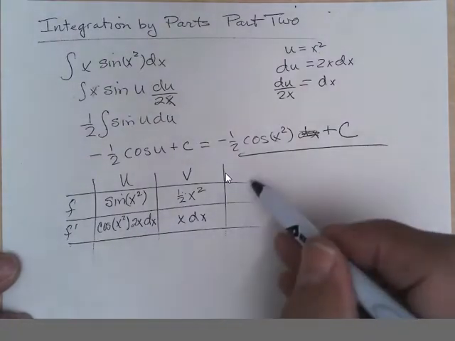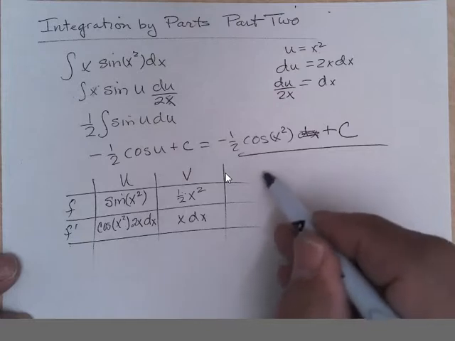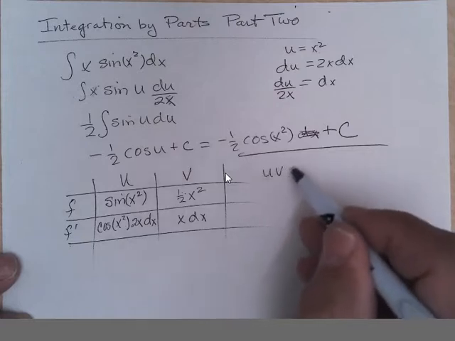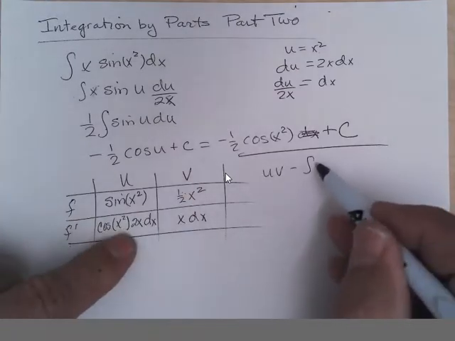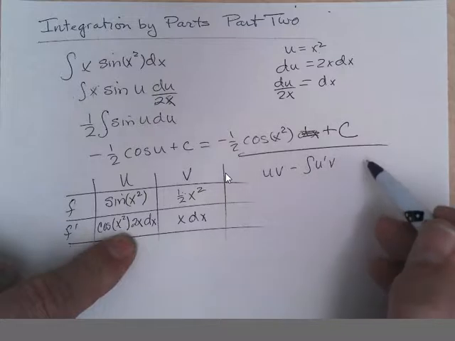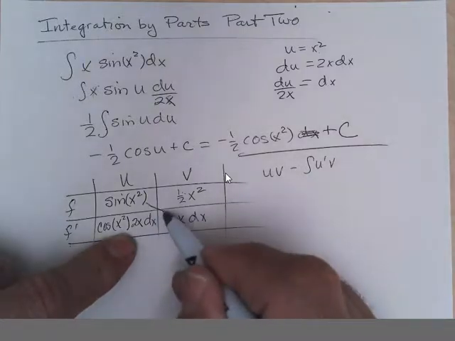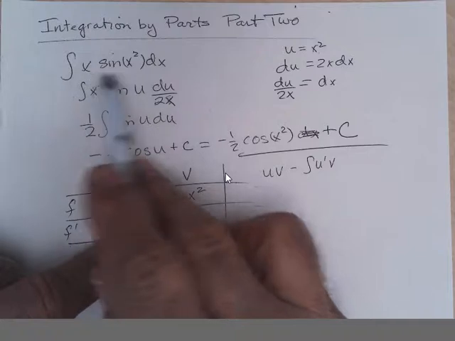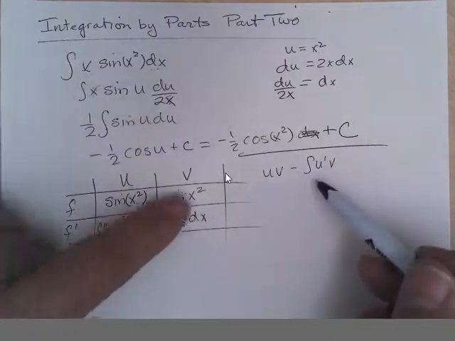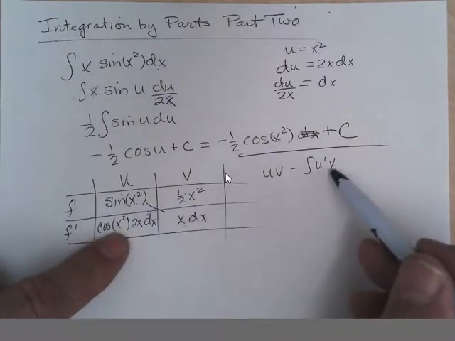And of course, the integration by parts formula is uv minus the antiderivative of u prime v. We set up u v prime as the original problem, and so it's the opposite ones we put in the integral here.